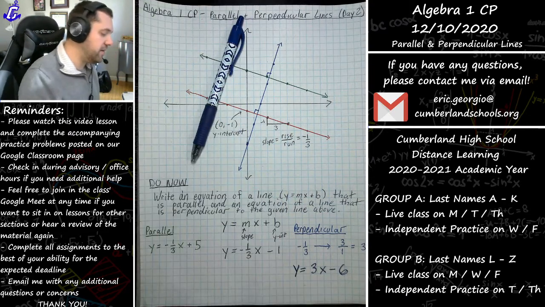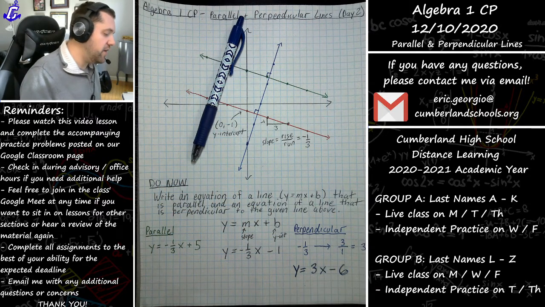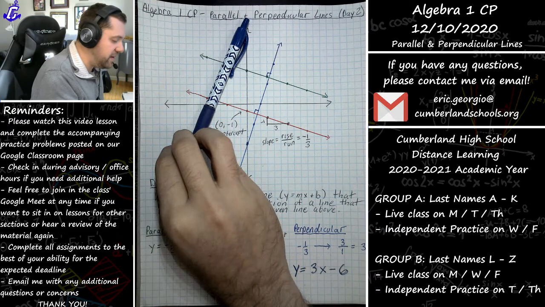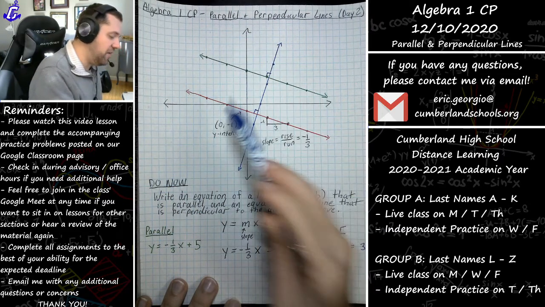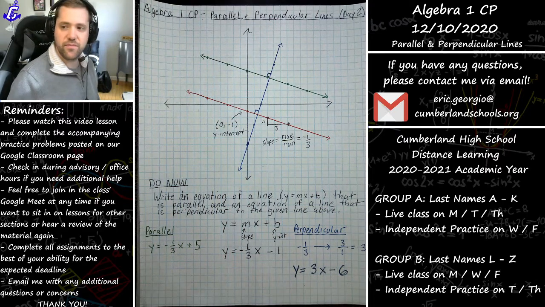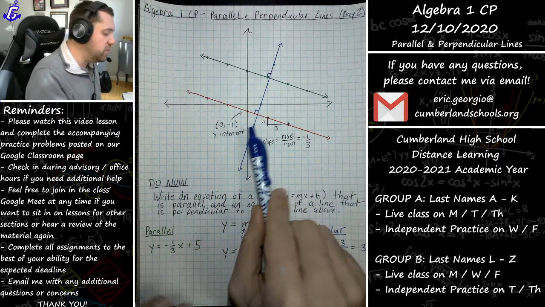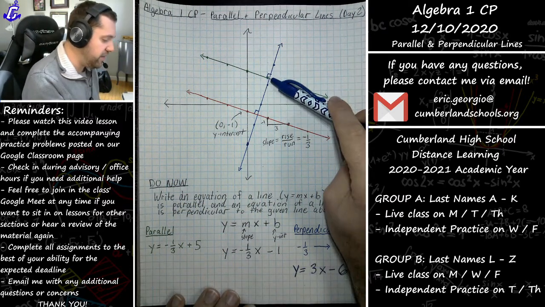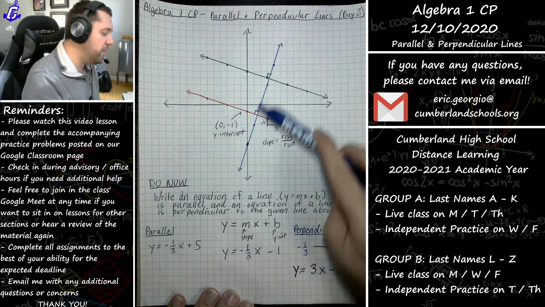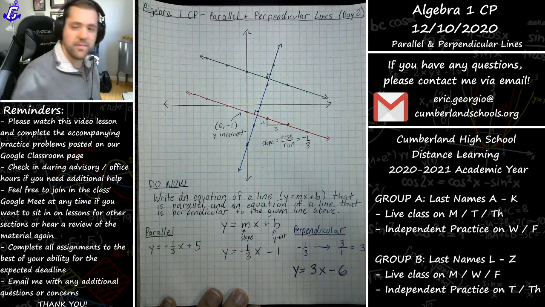So perpendicular lines cross at that 90-degree angle, and no matter what you pick the y-intercept to be, they're going to be perpendicular to any of the other parallel lines. Hopefully that point makes sense? And if two lines are perpendicular to the same line, consider the green line and the red line, both perpendicular to the same line, then therefore they are parallel to each other.